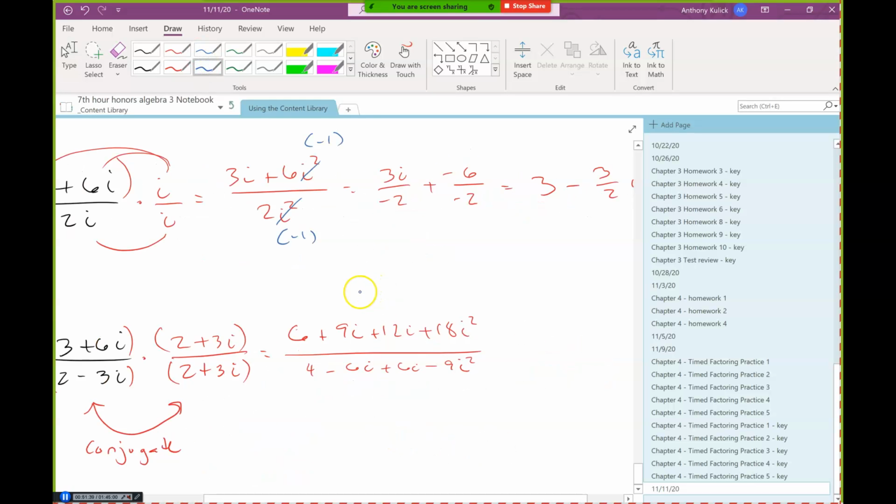Well, 9i and 12i is 21i, and i squared is negative 1. Negative 6i and positive 6i just cancel out, and i squared is negative 1. So I have 6 minus 18, so negative 12, plus 21i. And I have 4 minus a negative 9, so that's 13.